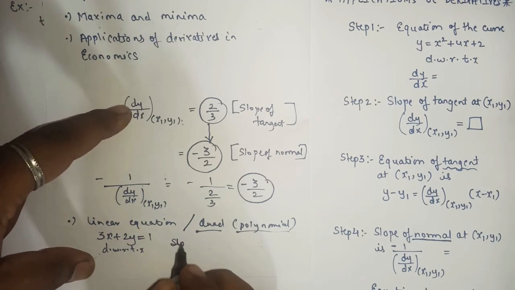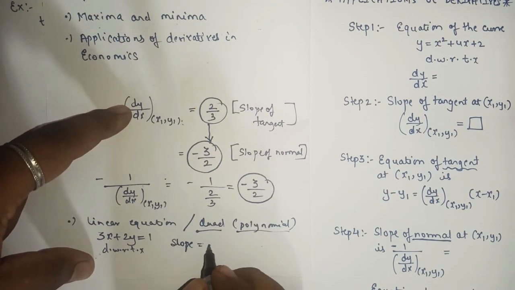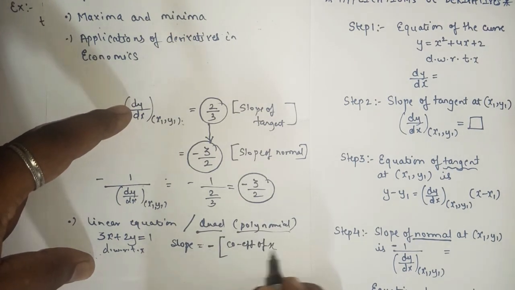To find the slope, the formula is minus coefficient of x upon coefficient of y.